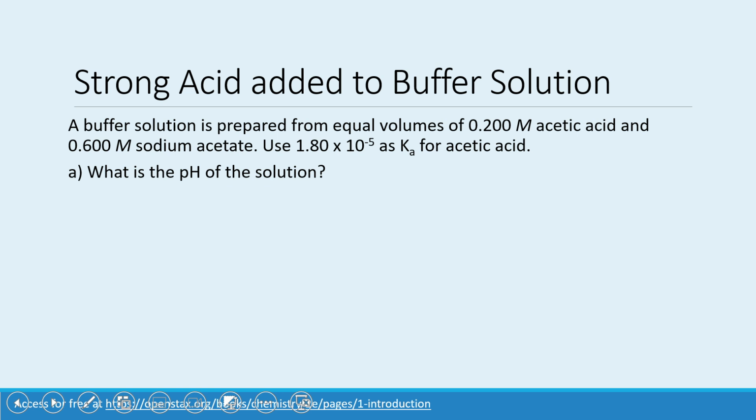Okay, so now things get interesting. We're going to start adding strong acids or strong bases to the buffer solution. So in the first step, we need to calculate what is the pH of the solution before we add a strong acid or a strong base to it. And so when we do that, again, let's check all of our rules really quick. So 1.8 times 10 to the negative fifth, that is less than 10 to the negative third, so that checks off. 0.2 molar and 0.6 molar, certainly greater than the 0.01 that we need.